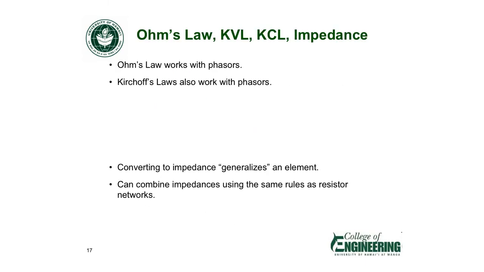So what we will see is that Ohm's law still works with phasors and impedance. Kirchhoff's laws, KCL, KVL, they also work with phasors and impedance. If we can convert elements to their impedance equivalent, then we can do all the same things that we did with resistors.